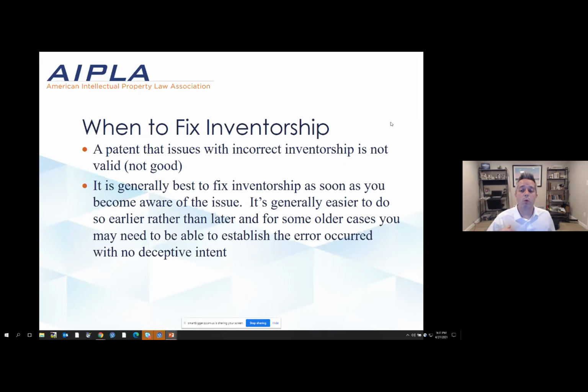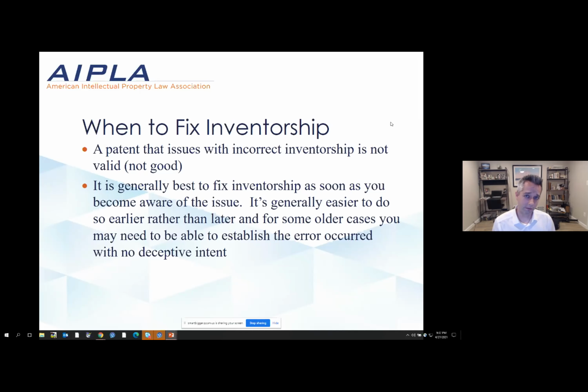So when you have a problem with inventorship, when do you fix it? As in the first example, if a patent issues with incorrect inventorship, it is not valid, and that's not good. So like with many things in the patent office, it's generally a better idea to fix it early rather than later. It ends up being easier, it ends up being less expensive.